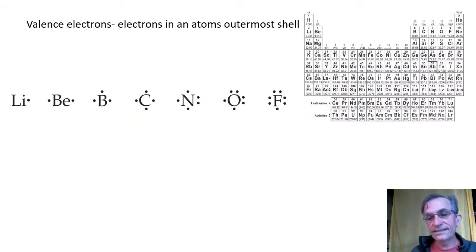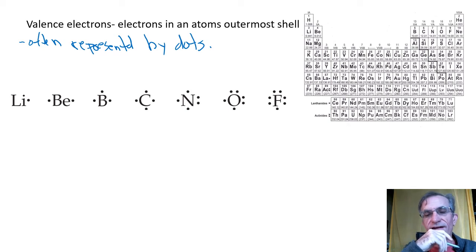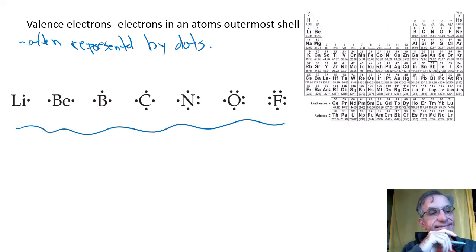Okay, before we get into compounds, let me remind you a little more about valence electrons. One thing we haven't talked about yet is that when we talk about valence electrons, they're often represented by dots. A dot is sometimes a symbol for an electron. You see a few examples right here. Lithium has 1 dot on it.